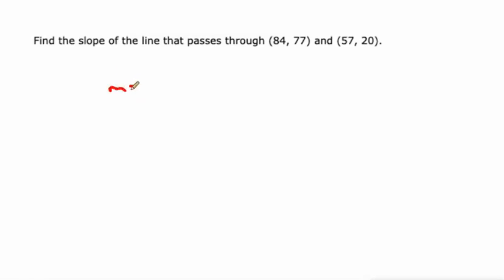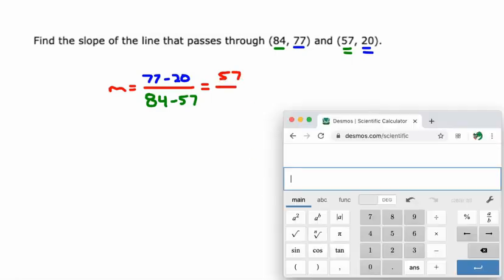All right, the slope of a line that runs through these 2 points. Change in y, 77 minus 20, that's 57, over change in x, 84 minus 57. Let's grab our calculator and do 84 minus 57.